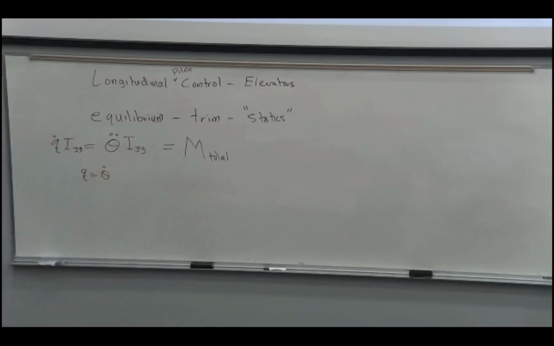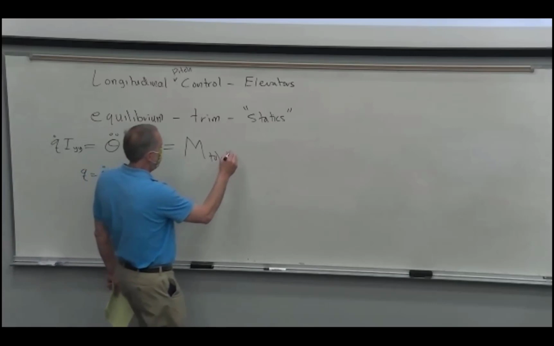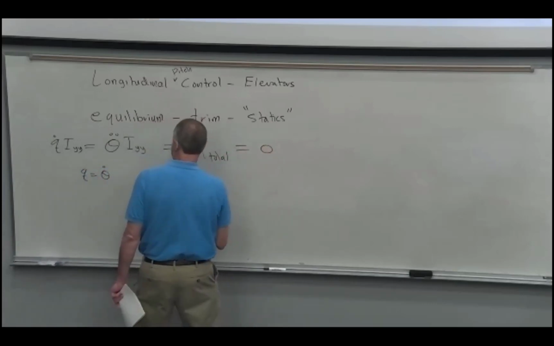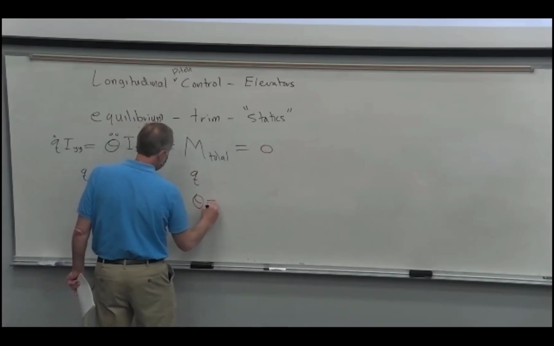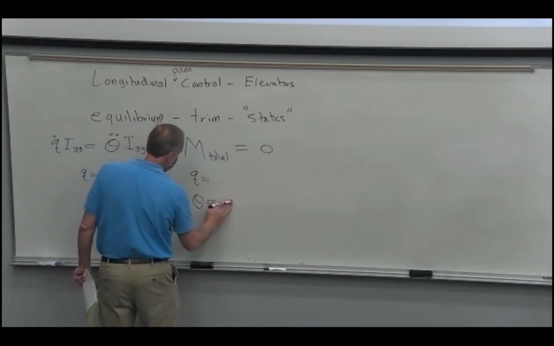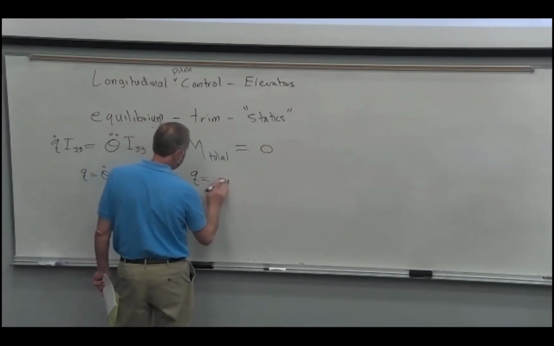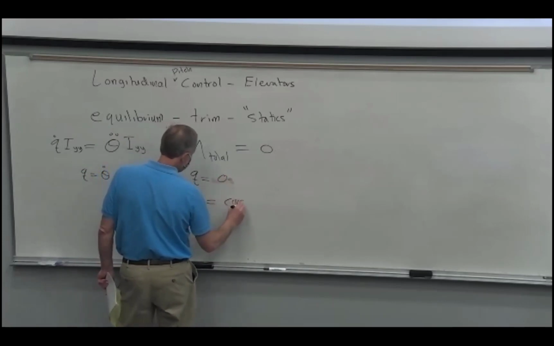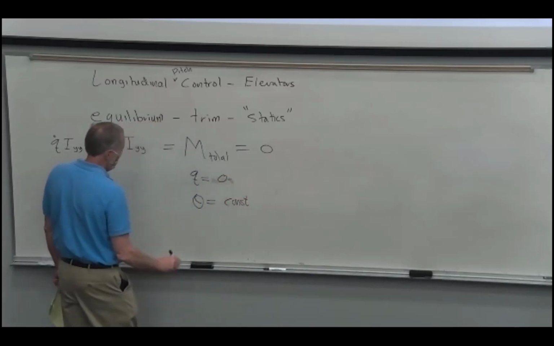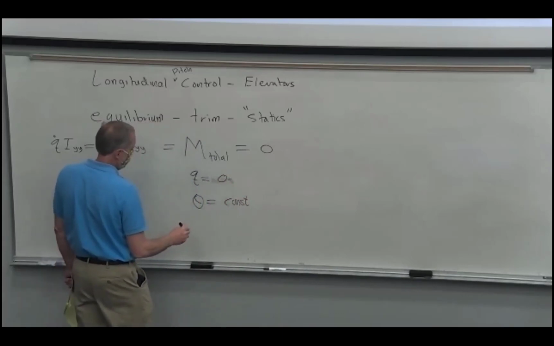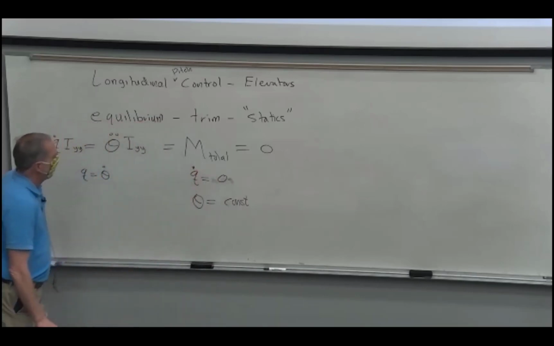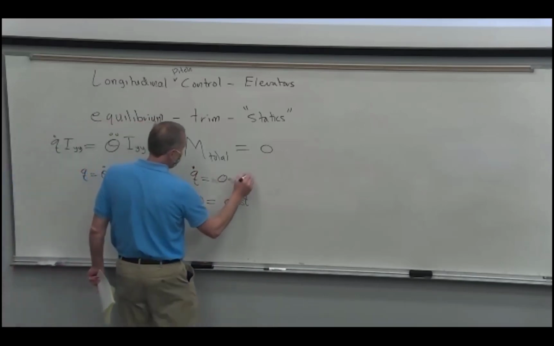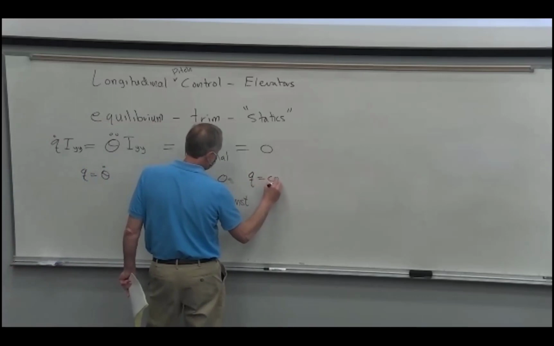So either way you look at it, if the net moment is 0, then both the pitch rate and the pitch angle are going to be constant, not 0. Q dot is going to be 0, so Q is either going to be 0 or constant.